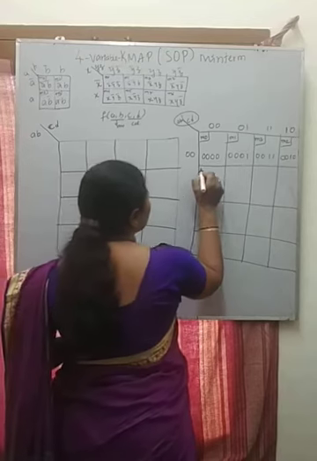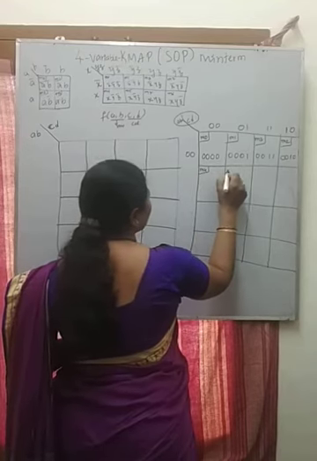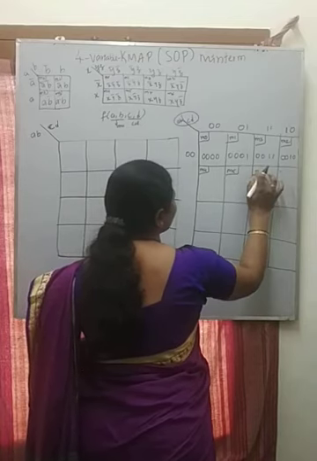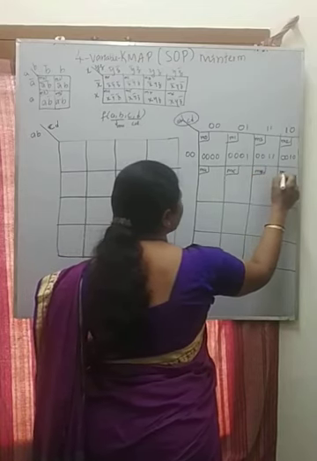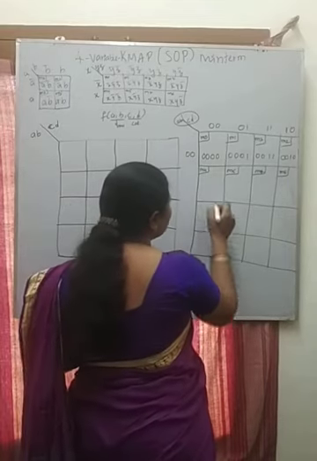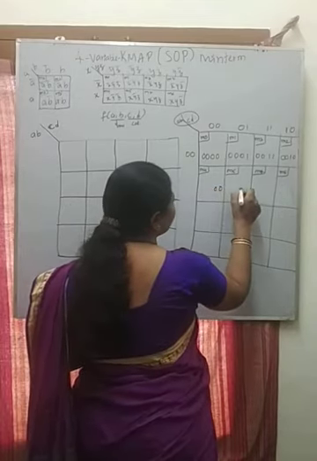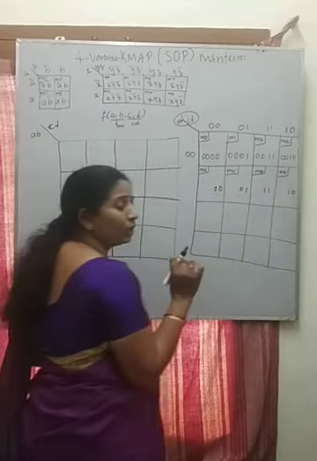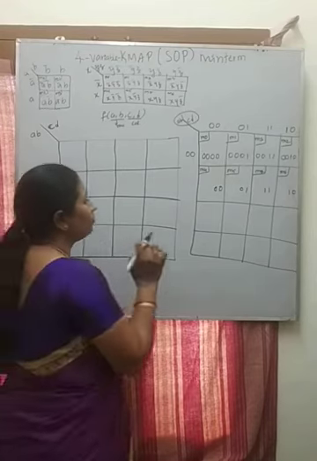Then this is your M4, M5, M7, M6. See, now the columns are the same. I need to fill only the row. First we'll fill 4.